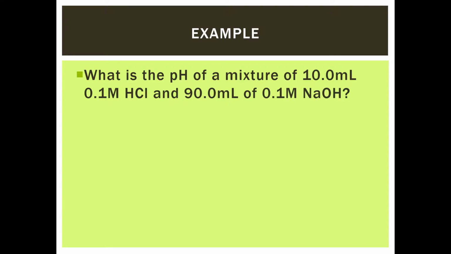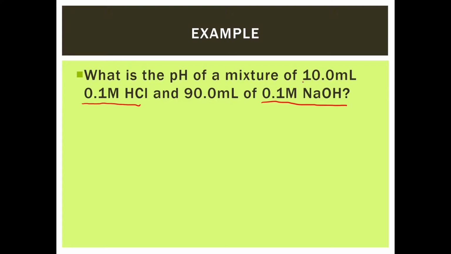So here's the first example. What is the pH of a mixture of 10 milliliters of 0.1 molar HCl and 90 milliliters of 0.1 molar NaOH? Now intuitively I think you guys can kind of know what's going to happen, because the acid and the base are at the same concentration, so which do we have more of?